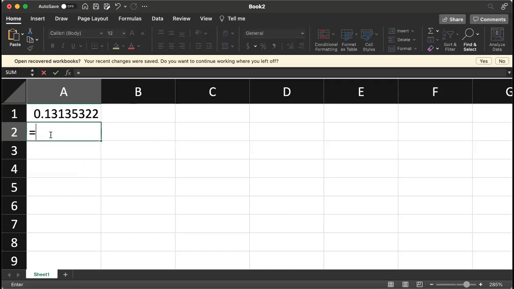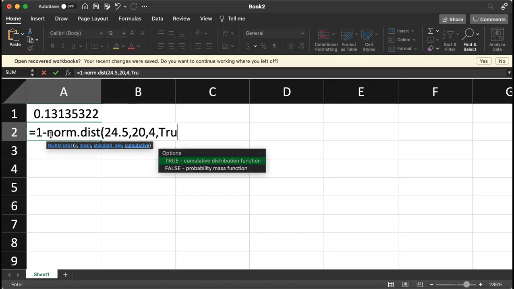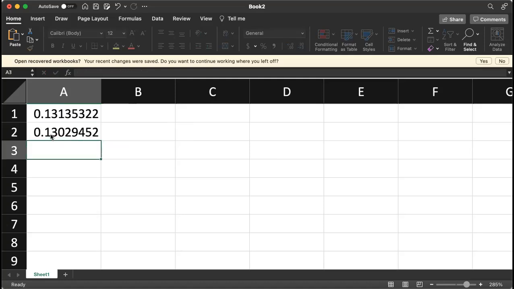Equals 1 minus norm.dist of now the continuity corrected part, so 24.5, and then the mean was 20, the standard deviation was 4, and again cumulative argument set to true.